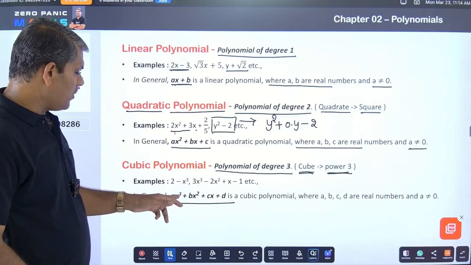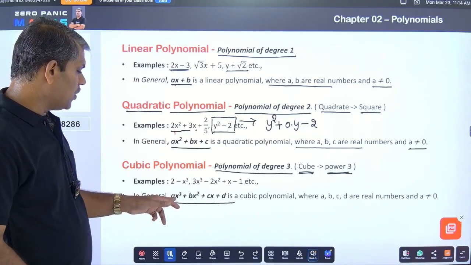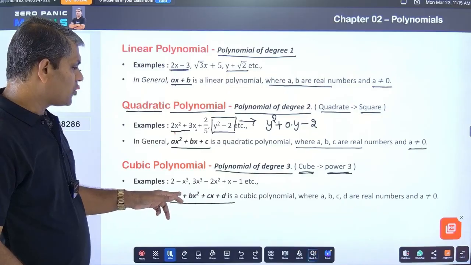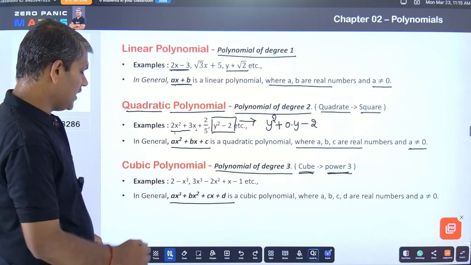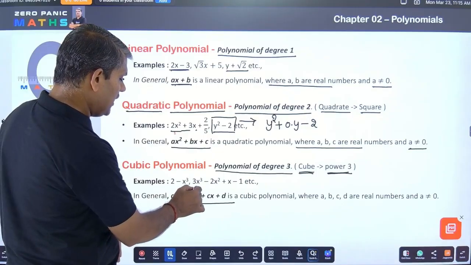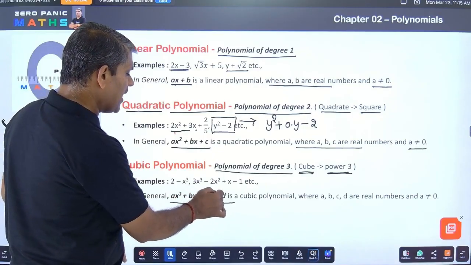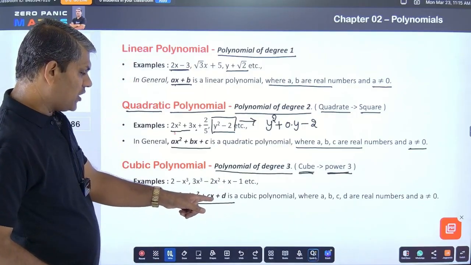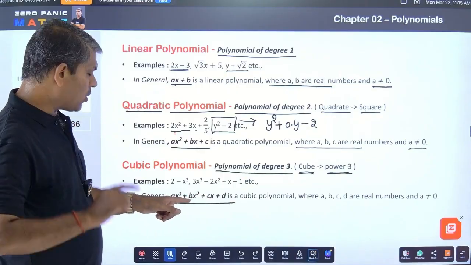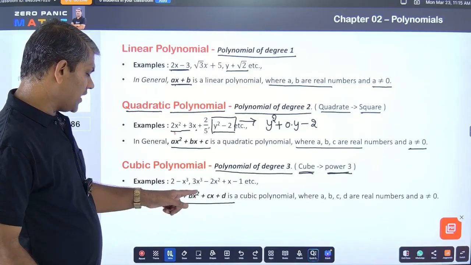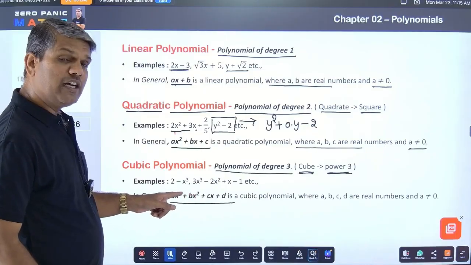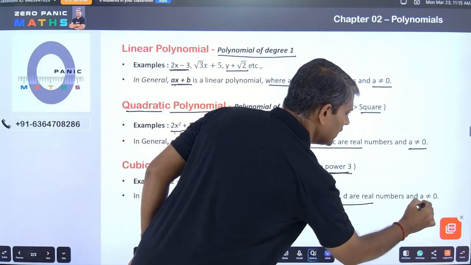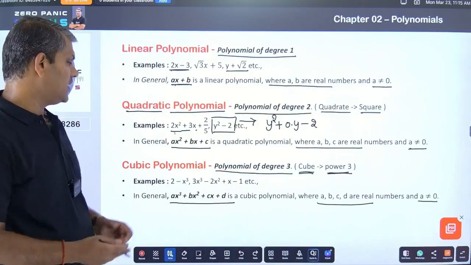So a is now becoming the coefficient of x cube, because power 3 actually decides the type of the polynomial here. Ax cube plus bx square plus cx plus d. Here d is the constant, c is the coefficient of x, of power 1, b is the coefficient of x square, and a is coefficient of x cube. Again, a, b, c, d are all real numbers, and a should not be equal to 0 is the condition.